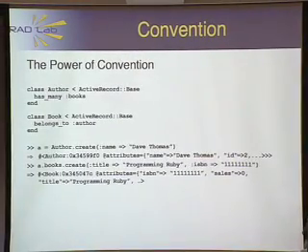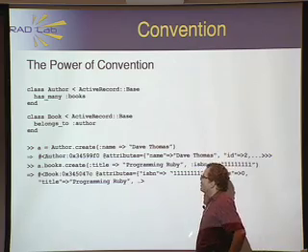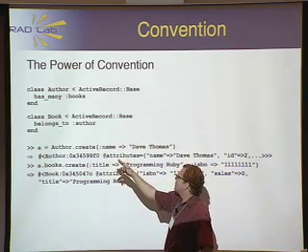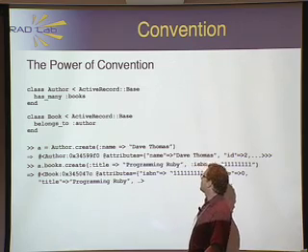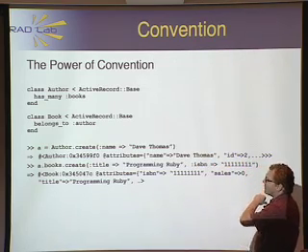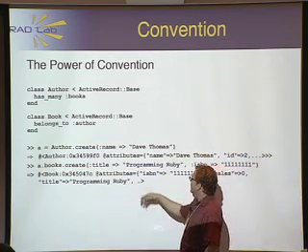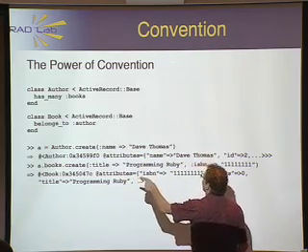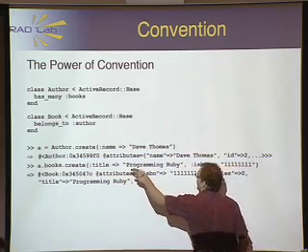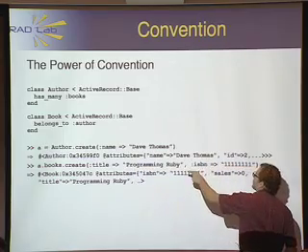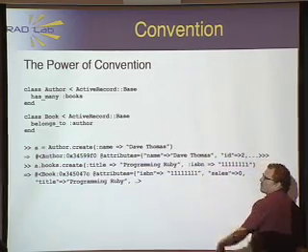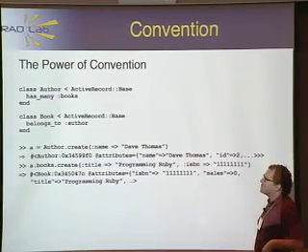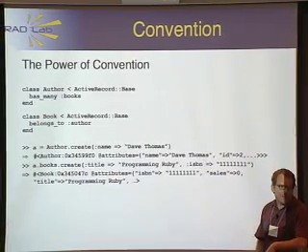But because we have conventions, basically, and I've followed the conventions, I can just say this. Has many books, belongs to author. Now, if I create an author like this, basically, it's going to create a new author object. If you look at the actual persistent values are stored in a thing called attributes. Remember we said that the columns for the database aren't actually stored as instance variables in the object?